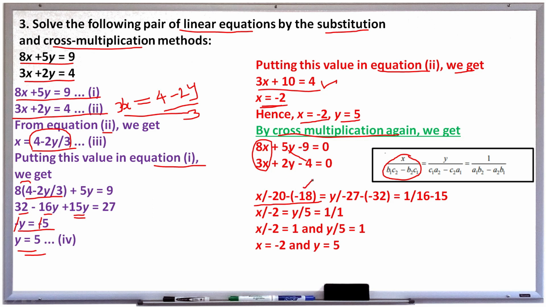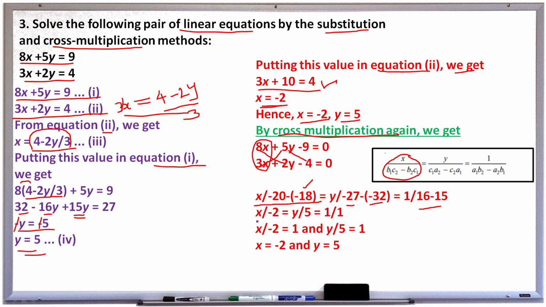Then y by c1 a2 you will get minus 27 and c2 a1 you will get minus 32, is equal to 1 by a1 b2, that means 8 2s are 16 and minus 3 5s are 15.